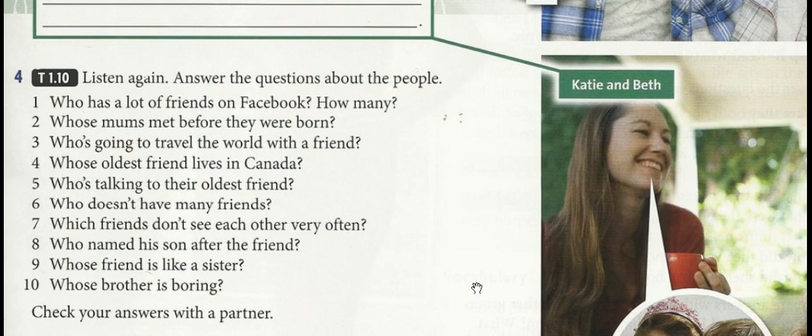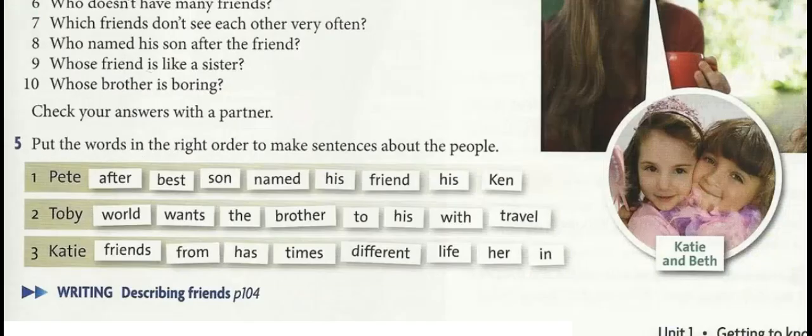Number 9. Whose friend is like a sister? That's Katie's. And finally, whose brother is boring? Right? It is Damien's brother, who's accused of being boring. Now the last point in the listening, number 5 here. So you put the words in the right order to make sentences about the people.